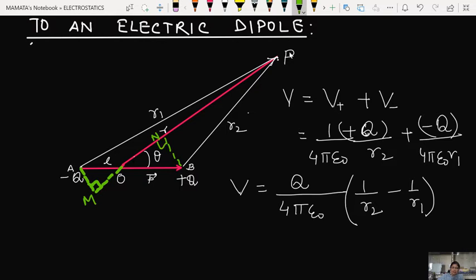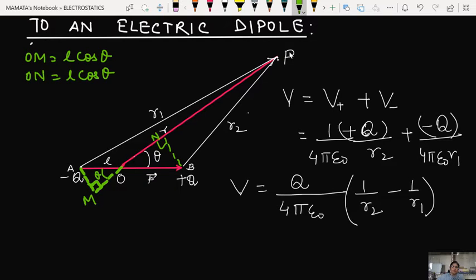Since it is 90 degrees and the angle is theta, the opposite angle will be theta. So OM can be written as l cos theta, and ON is also l cos theta from the geometry of the figure.